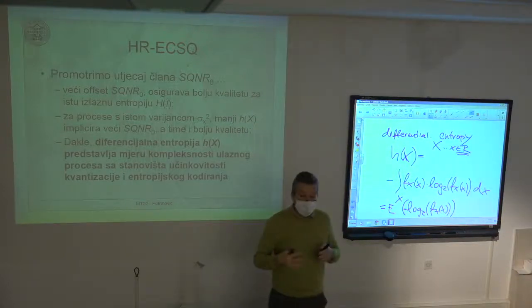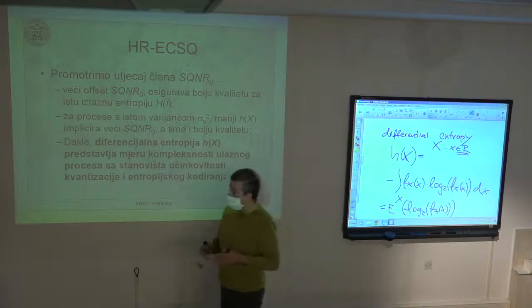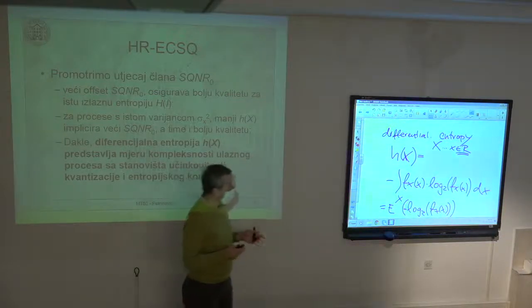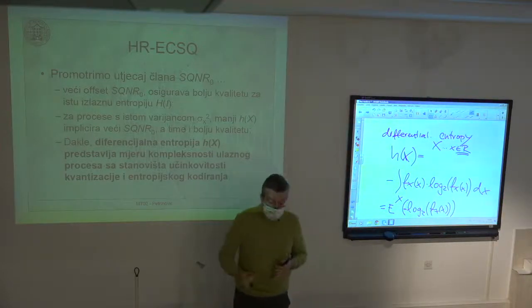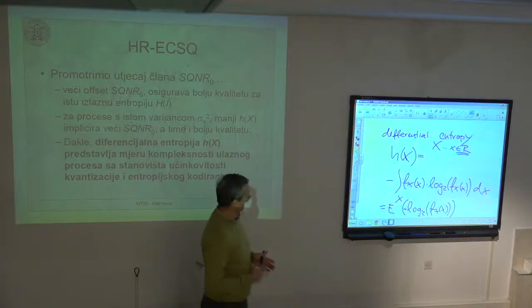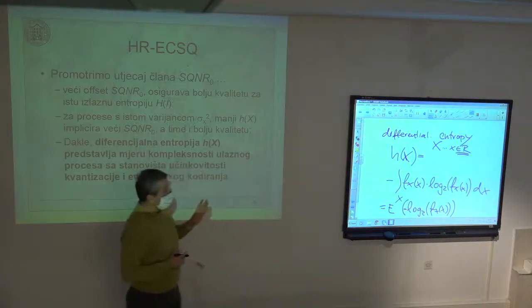A process that is more suitable to achieve higher quality for the same rate would have lower differential entropy. So this differential entropy is a measure of how complex the process is for quantization.